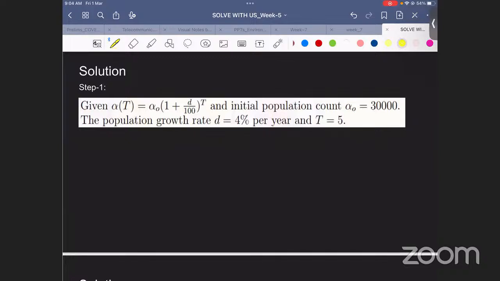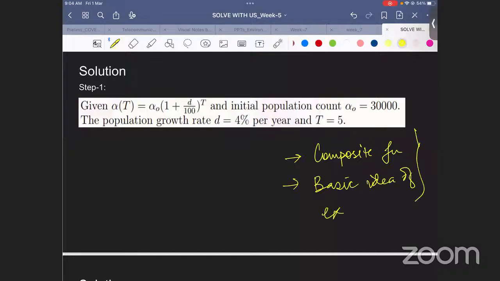Some concepts that you can't ignore are the domain of the composite function, the composite function itself, and the basic idea about exponents. All these concepts will get repeated again and again, in the 6th week, 7th week, 8th week.